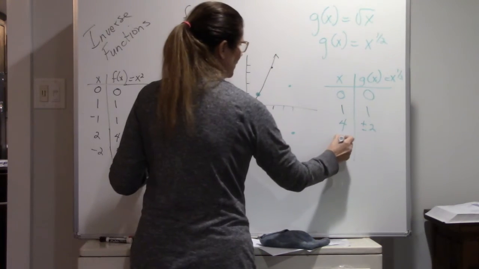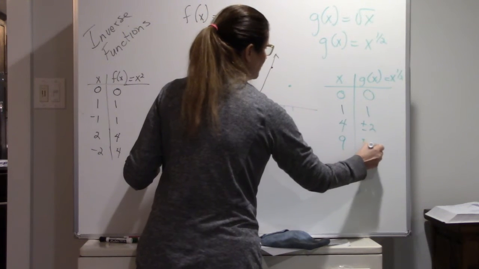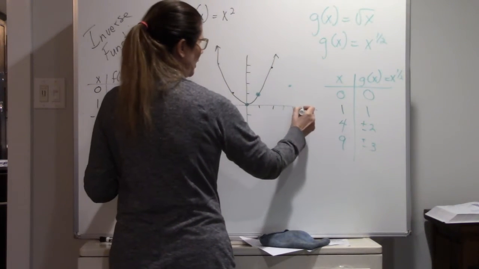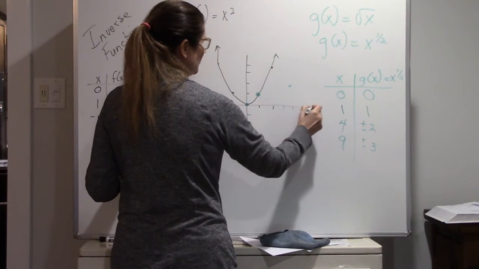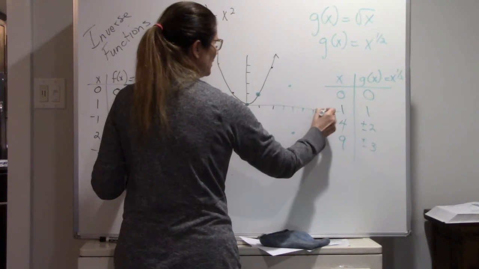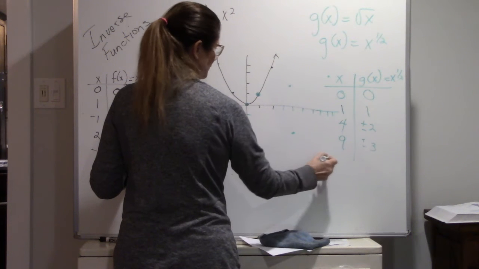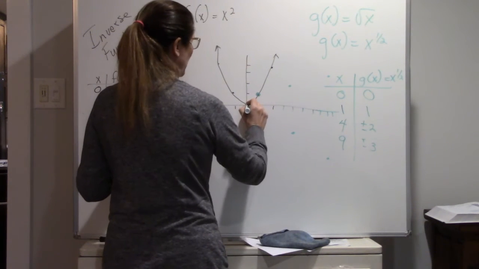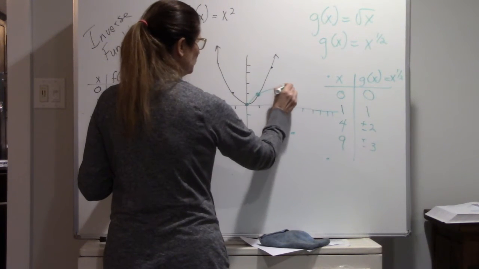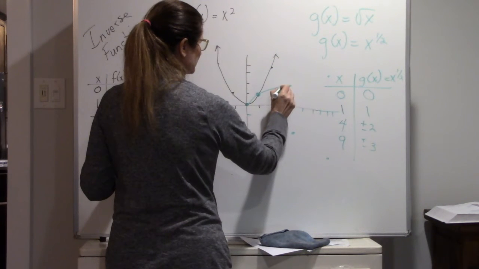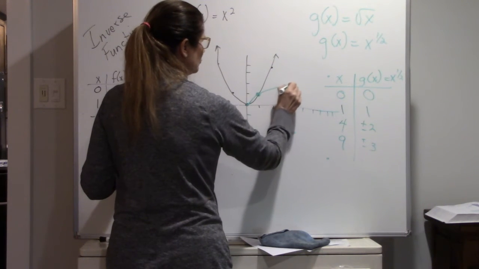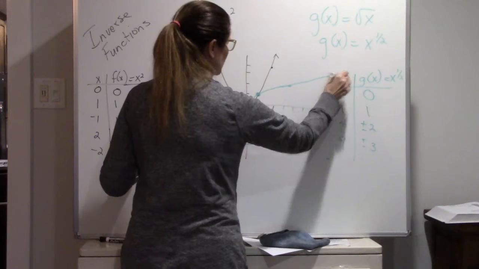When I plug in 9, I'm going to get out positive or negative 3. 5, 6, I got to keep it going. 7, 8, 9, and I'm going to get here and here. So my square root function is going to look like that.